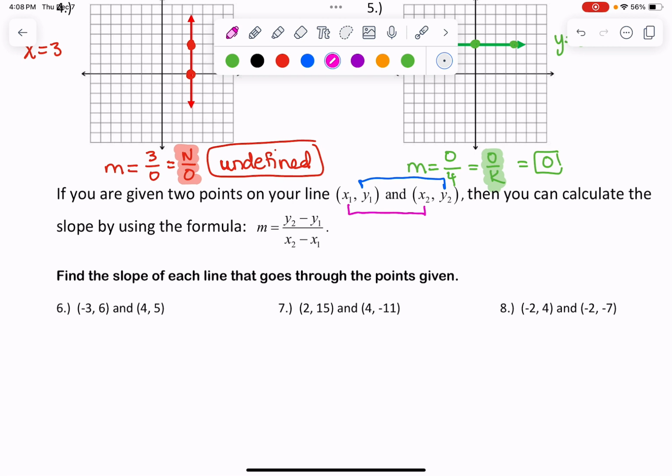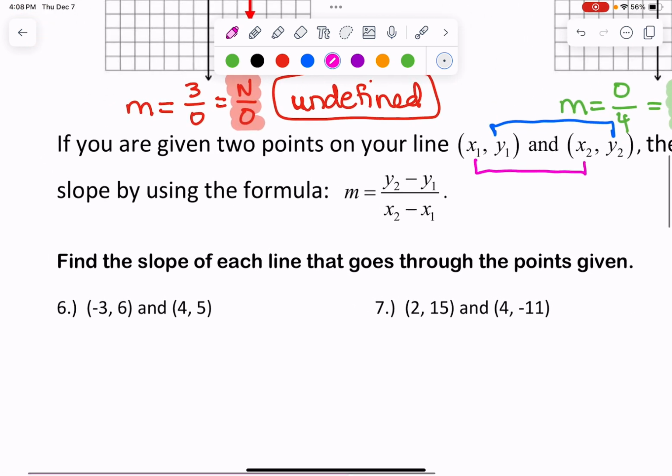So let's go ahead and see if we can do 6, 7, and 8. Looking at number 6, let's first identify our points. I've got my x sub 1, y sub 1, that's my first point, and x sub 2, y sub 2, that's my second point. We're going to use our slope formula.